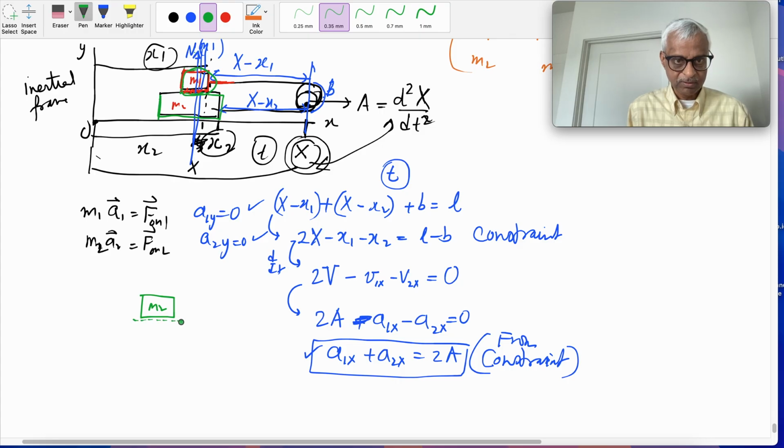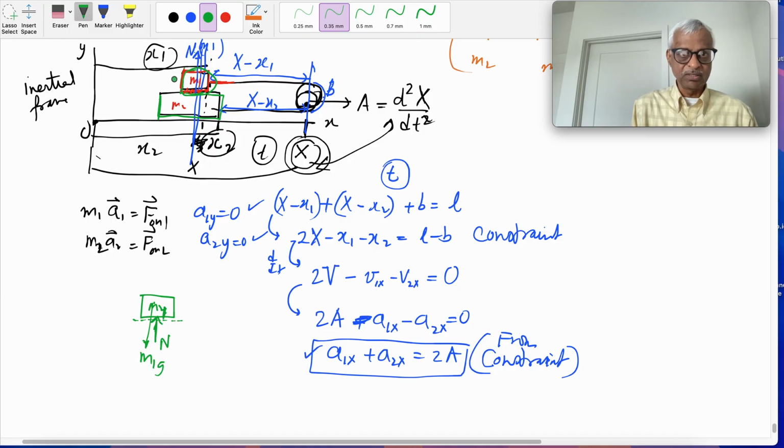So from this surface you have a normal from 2, this is M1, so let's just call it N, and then there's M1g.